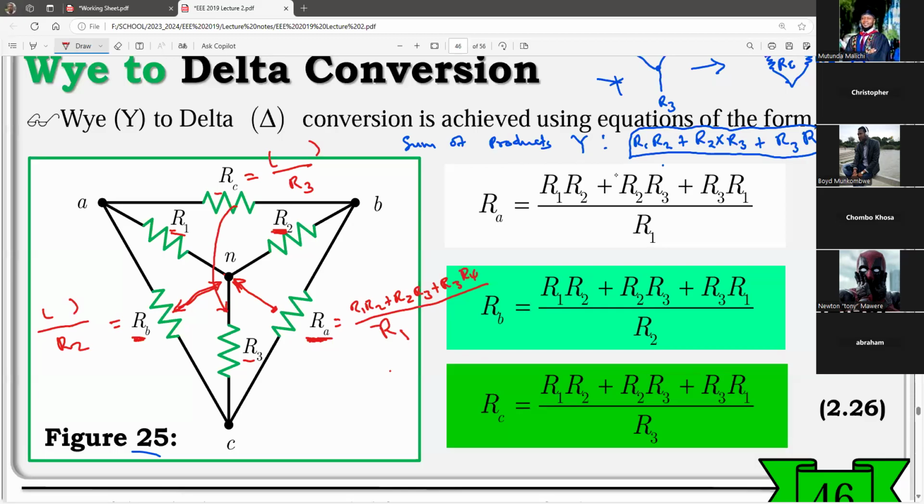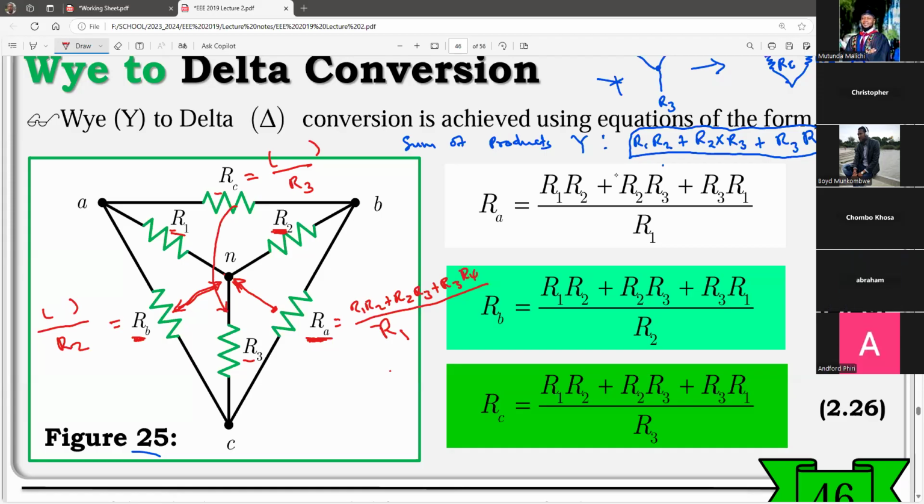Like that. I have my own easy way to remember the equation when I'm moving from delta to star or star to delta. But most of the time you find that students switch the two.